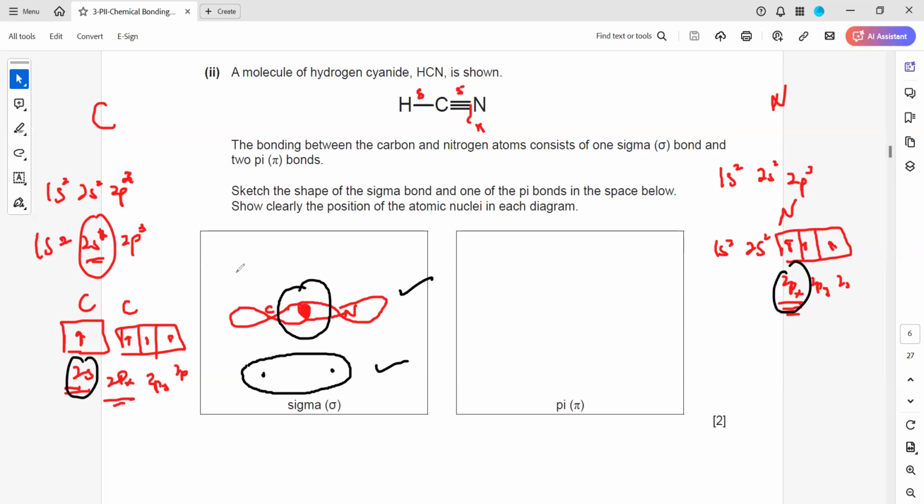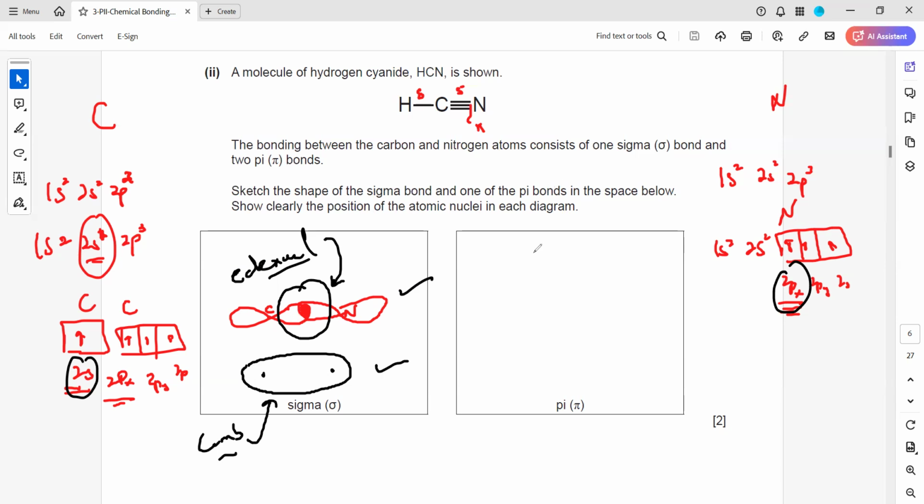But students doing Edexcel usually prefer this diagram, and Cambridge students prefer the electron density cloud. For Edexcel, the marking scheme usually asks you to show the overlapping of the orbitals directly if they ask to draw sigma bonds. But for Cambridge, they prefer that you show the electron density cloud between the two nuclei.